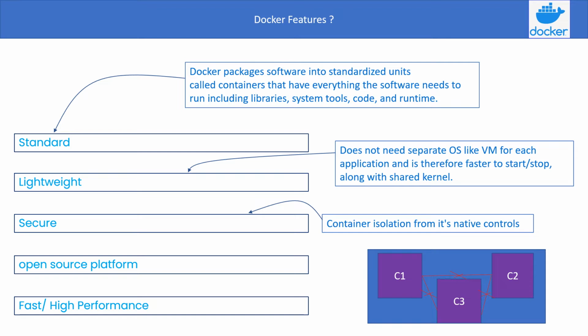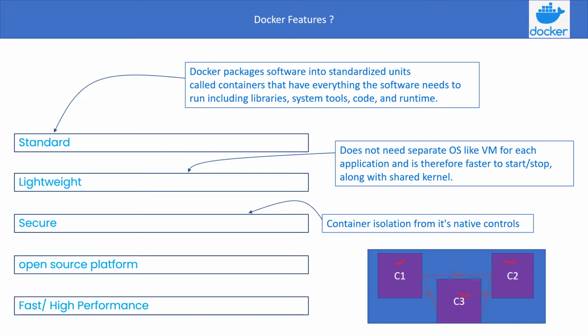It is secure. Container isolation is a native control that makes it more secure. What does it mean? For example, you have three containers, C1, C2, and C3. Though they are running on the same OS, they will not be aware of each other's existence.